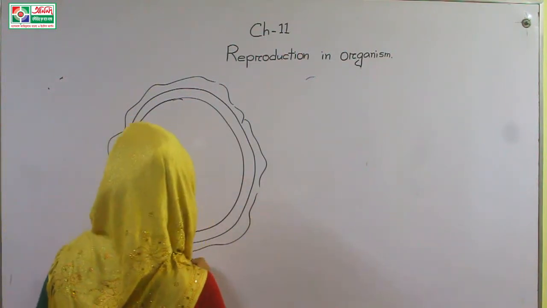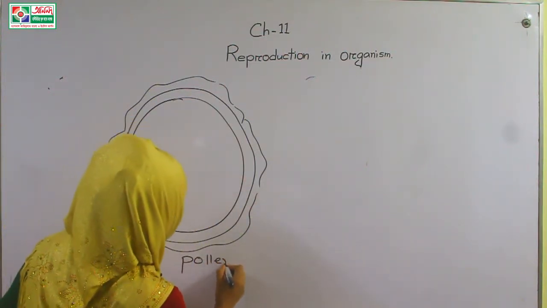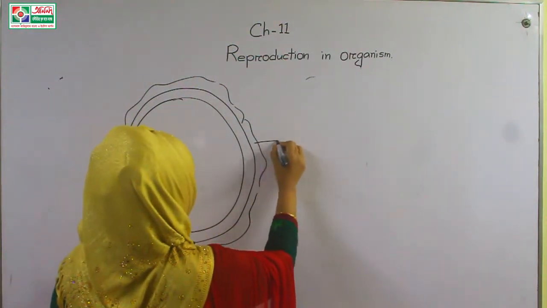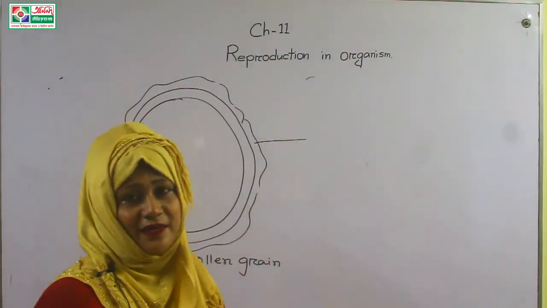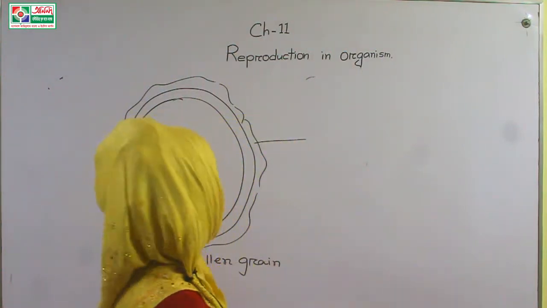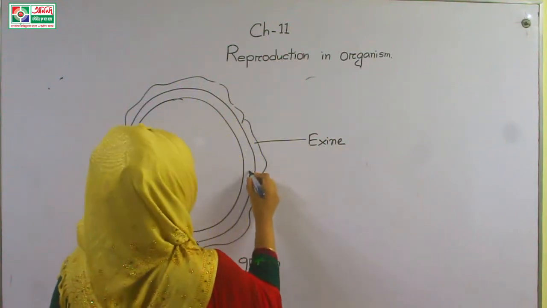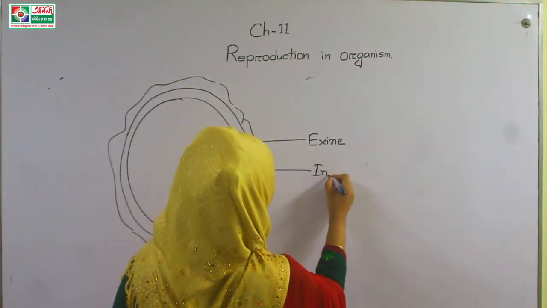Students, this is a typical pollen grain. It has 2 layers. The outer one is known as the exine. The inner one is known as the intine.